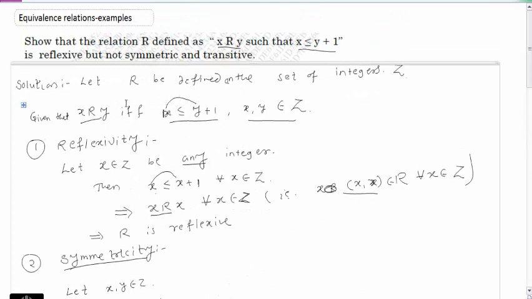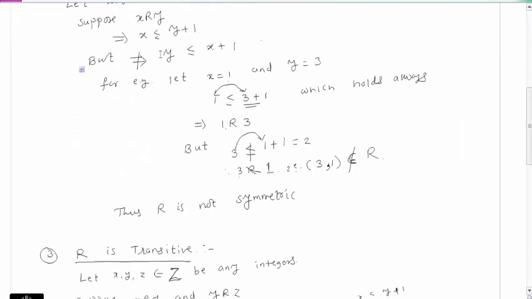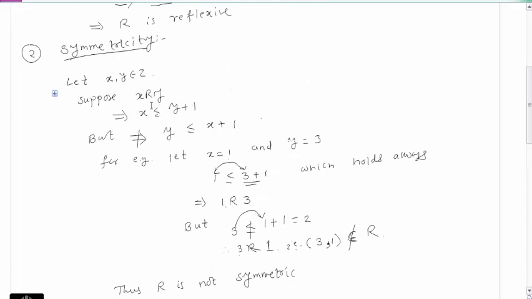X is R related to y means x is less than or equal to y plus 1. But this does not imply y is less than or equal to x plus 1. That is, x is less than or equal to y plus 1, but y is not less than or equal to x plus 1. Why does this not imply?